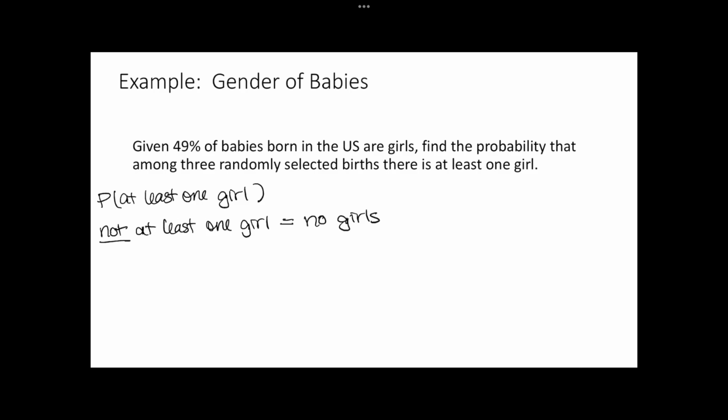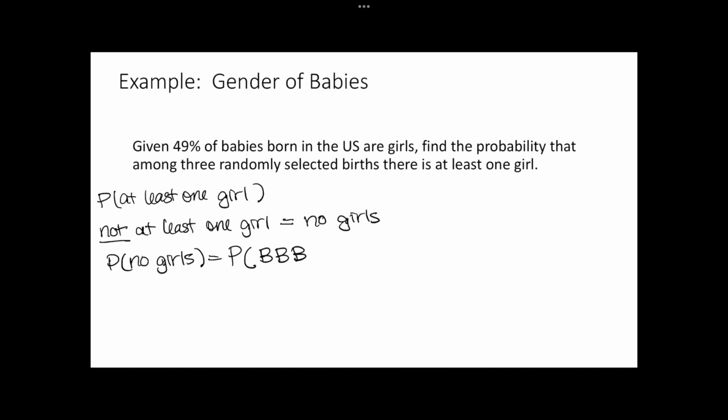So let's think about that probability. What's the probability that we get no girls? Well, that means that all 3 of the babies chosen are boys, right? So we could write that as the first is a boy, the second is a boy, and the third is a boy. I'm going to save some writing, write it like this.